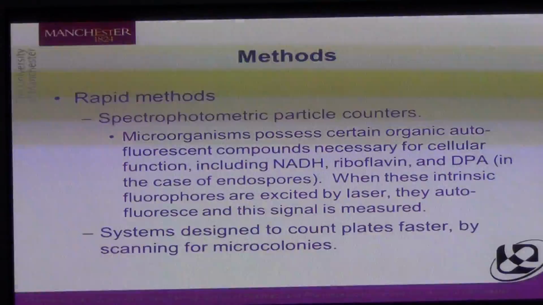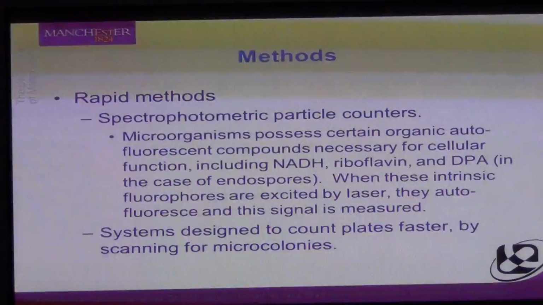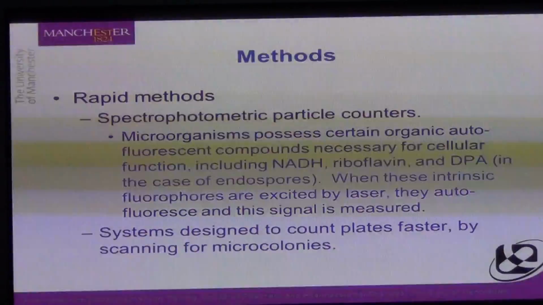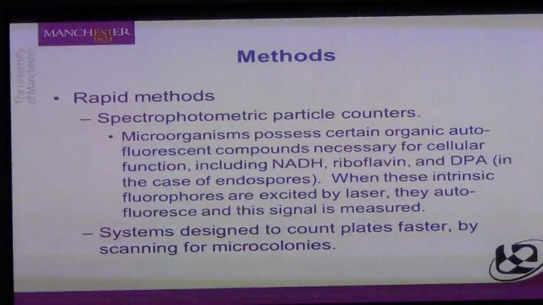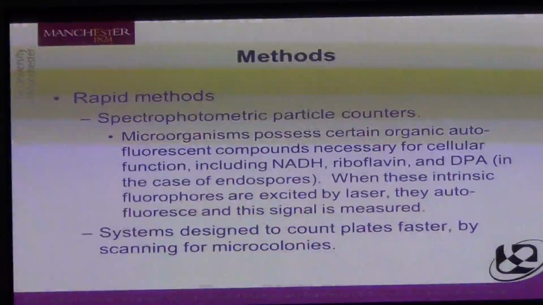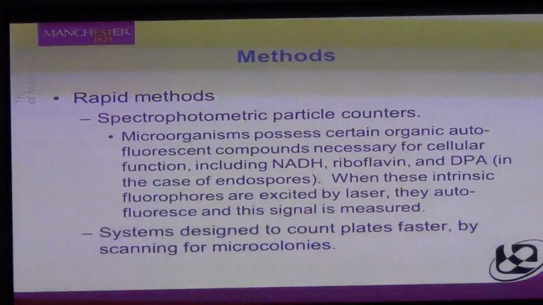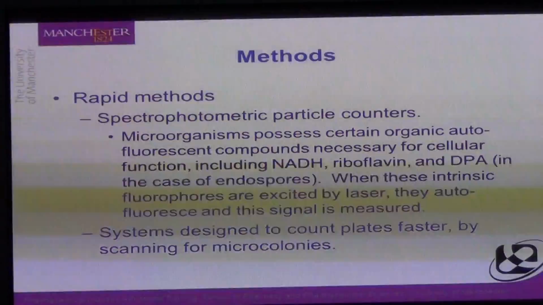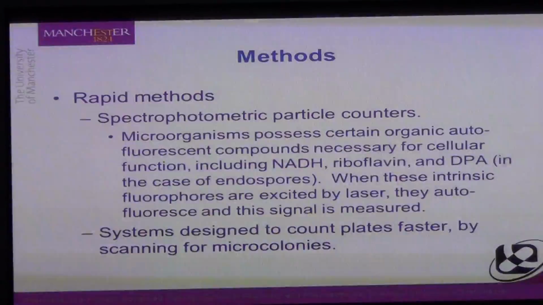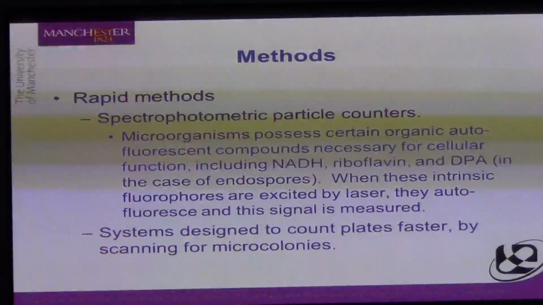Now when these so-called elements of the cell are excited by a laser, they autofluoresce, and these technologies can detect that and register that there is a viable event. Now the limitation is that these viable events, which are expressed as bioluminescent light units, don't actually relate to a CFU.